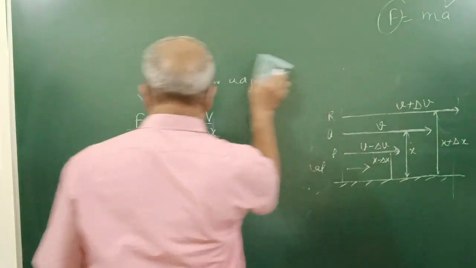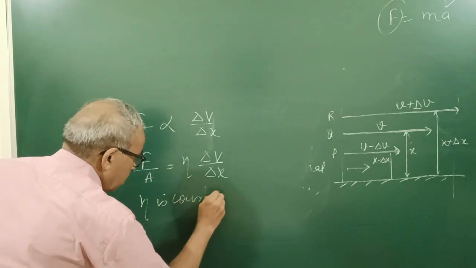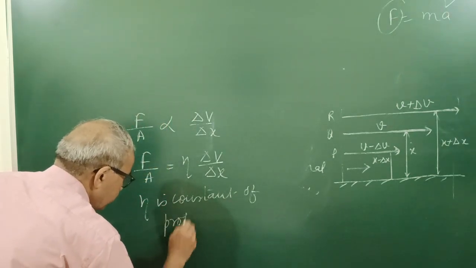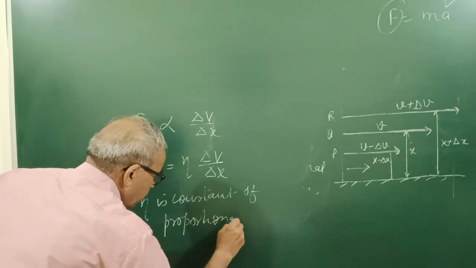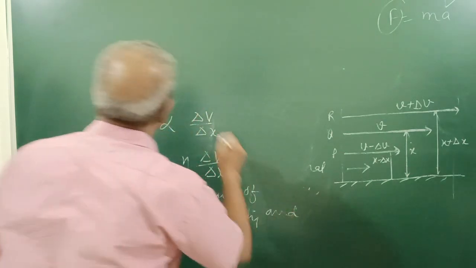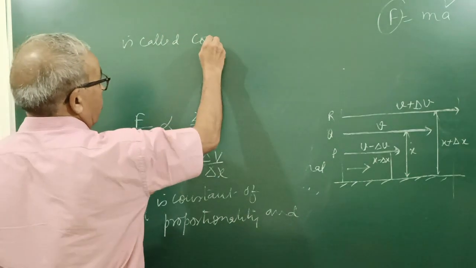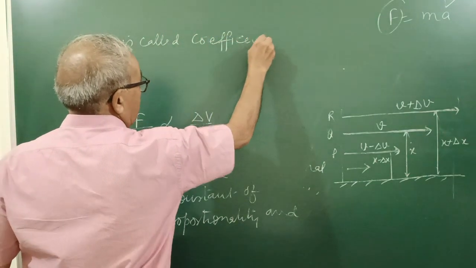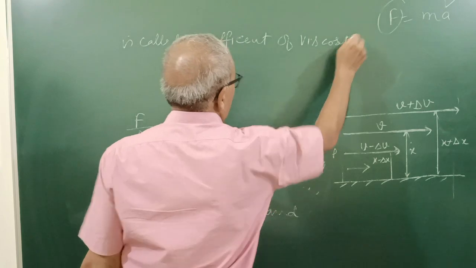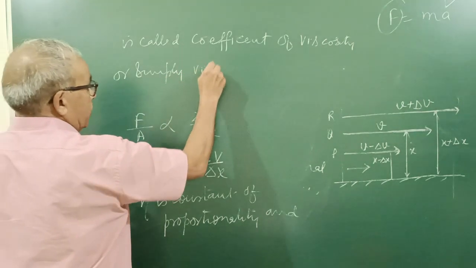Here eta is the constant of proportionality and is called the coefficient of viscosity, or simply viscosity.